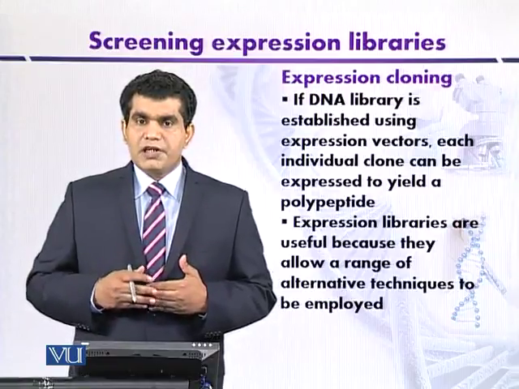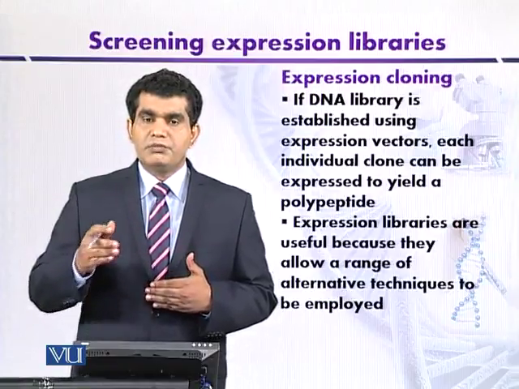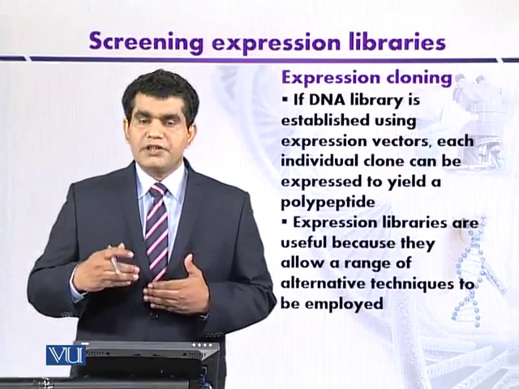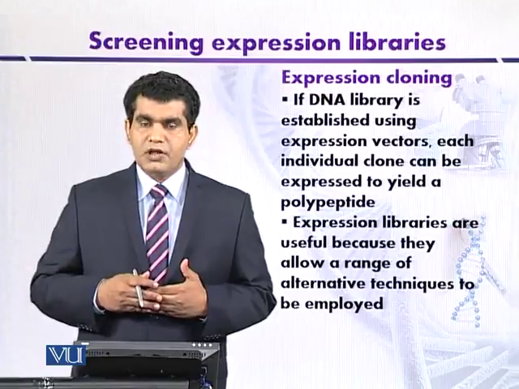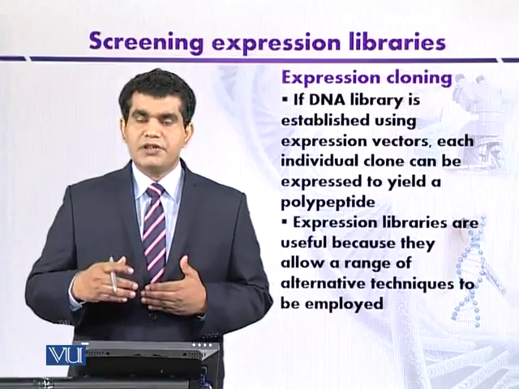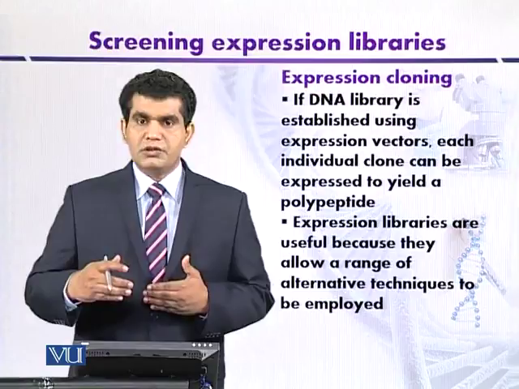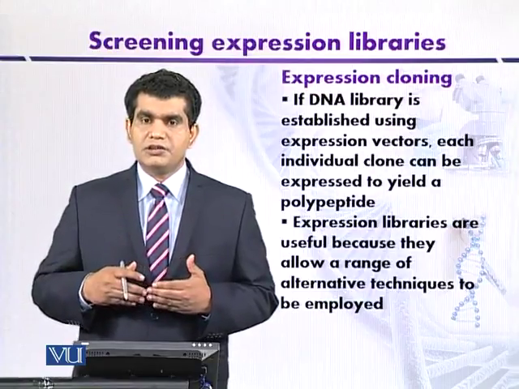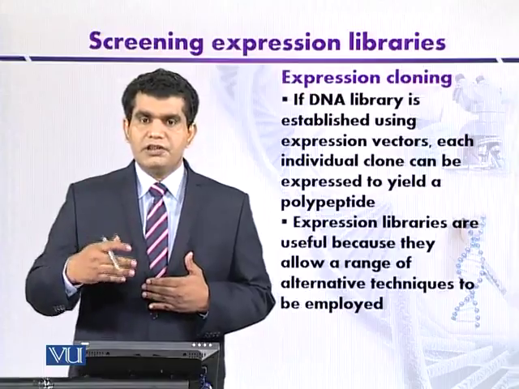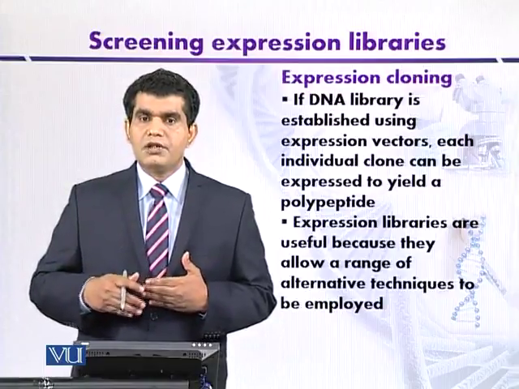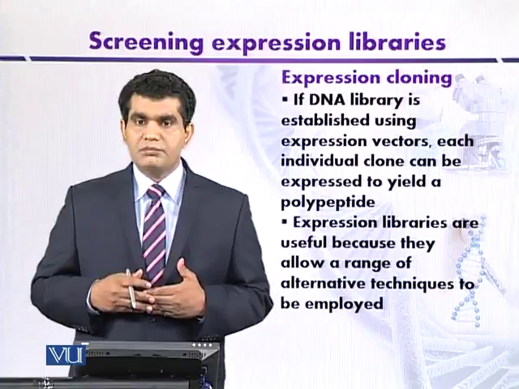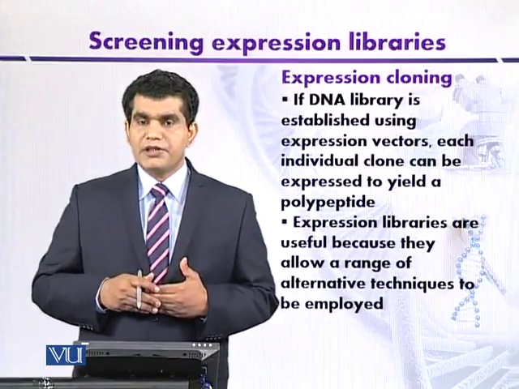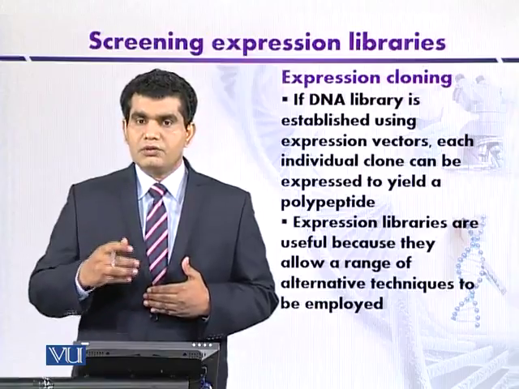Sometimes even native promoters of the target clone do not express in the host organism, or if they are expressed, the expression is again very poor. The reason may be that RNA polymerase does not have a high affinity in the host organism. So this situation can be overcome if we use a strong promoter to express our target clone.